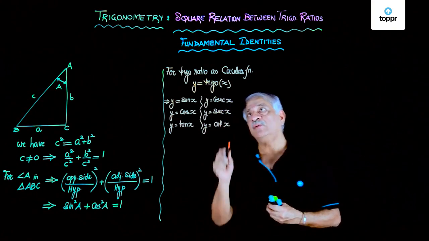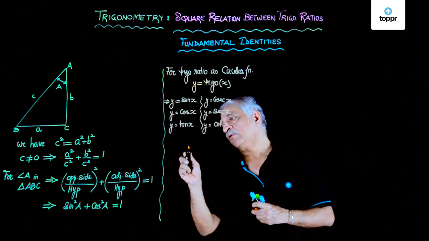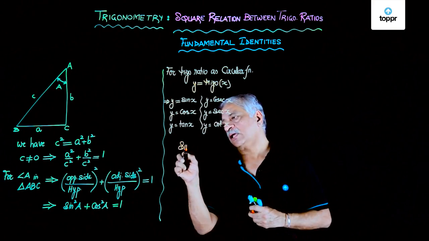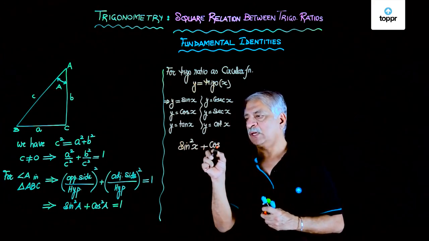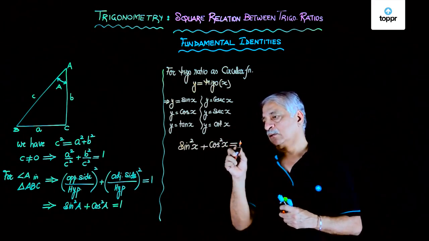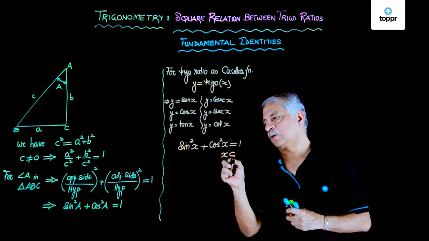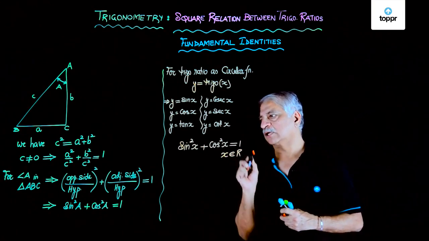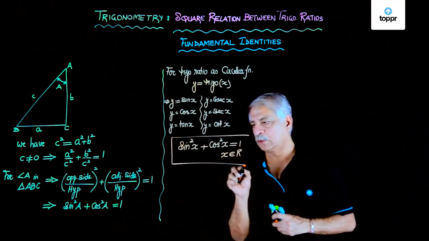Then from this and this together, we have sin square x plus cos square x is always equal to 1. Here, very important is that x belongs to R, that is, x can take any value.